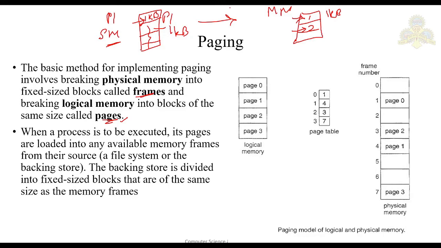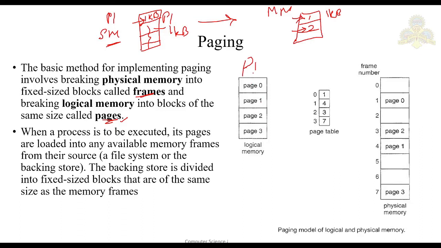Now we will understand how the pages of a process would be kept in the main memory. We'll take this example. Say this is process P1, and suppose P1 has 4 pages: page 0, page 1, page 2 and page 3. These are the pages of process P1 in the secondary memory.